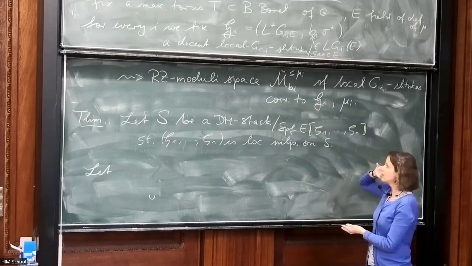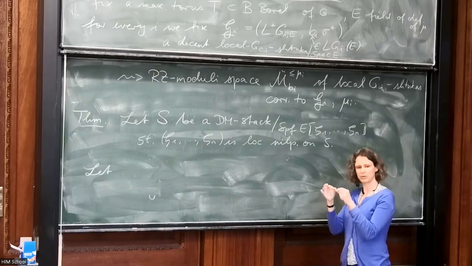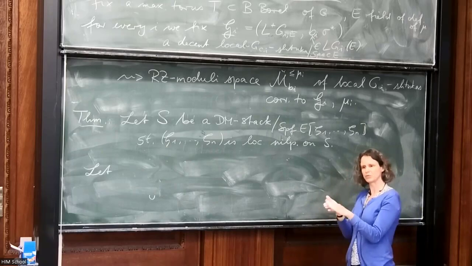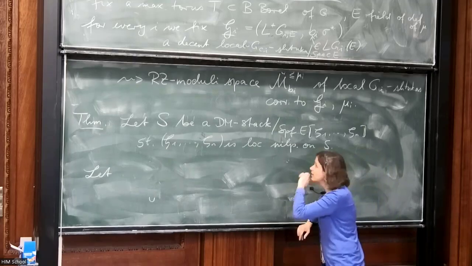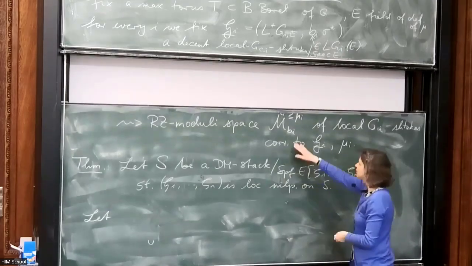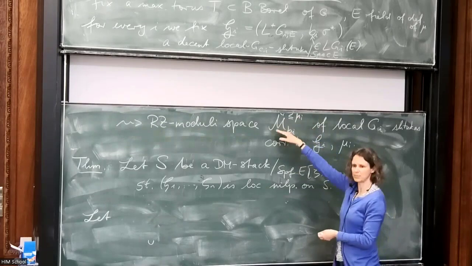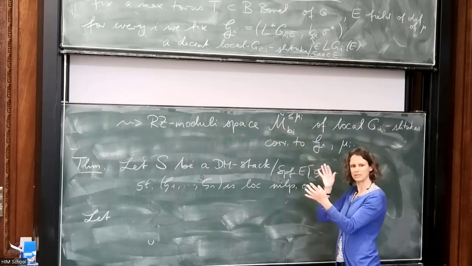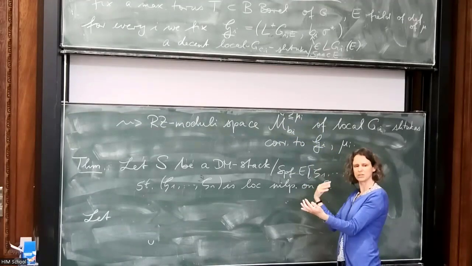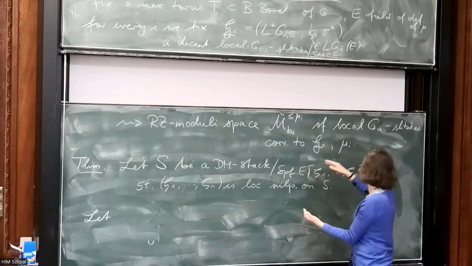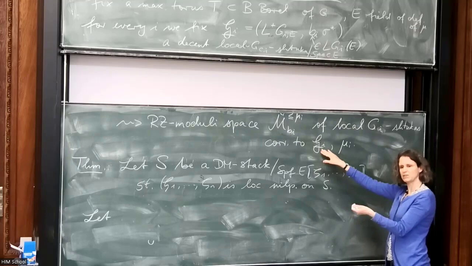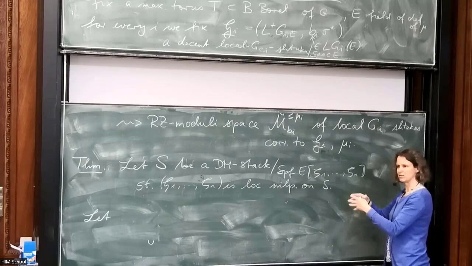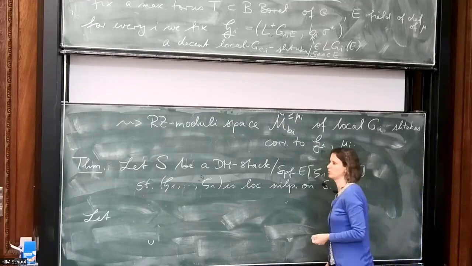The idea is that we have a fixed base point in the moduli space of global G-Shtukas, and this morphism is constructed as follows. These Rapoport-Zink moduli spaces consist of pairs: a local Shtuka plus a quasi-isogeny to the fixed one, to this fixed G_i underline. We use these quasi-isogenies to modify the global G-Shtuka in our fixed base point to construct the whole morphism.